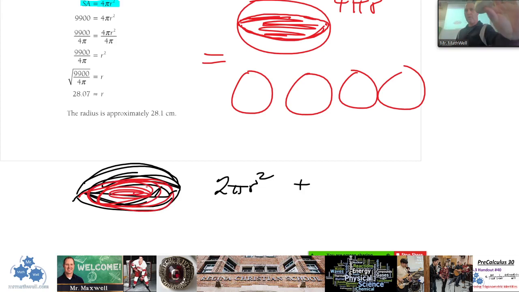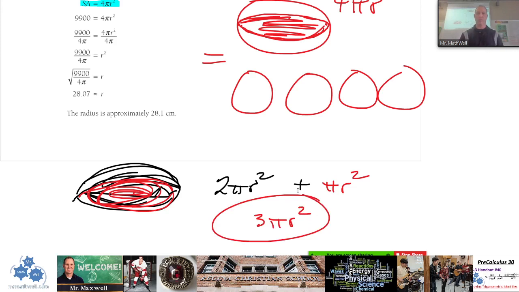Some of you have already worked with this. So the wraparound part, and you can see that on the screen maybe for those of you that are too far away, is 2 pi r squared. And then the bottom is 1 pi r squared. So 2 pi r squared plus pi r squared is basically 3 pi r squared. That's the surface area for a hemisphere, if you're counting the bottom.